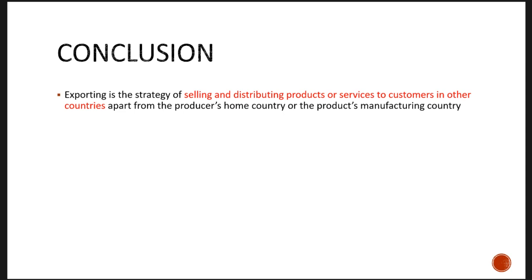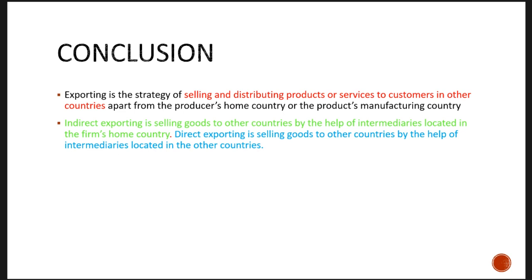So, conclusion. In this session, we have been looking at what is exporting. We know exporting is one of the entry strategies where we sell and distribute our products or service to other countries. We have looked at the two types of exporting, the indirect exporting and direct exporting.